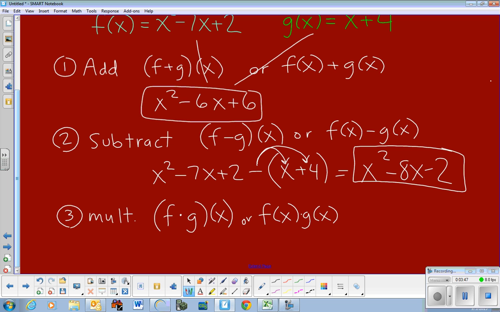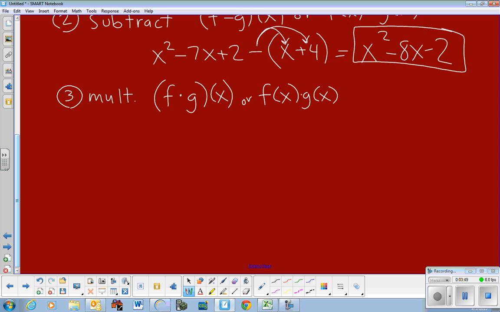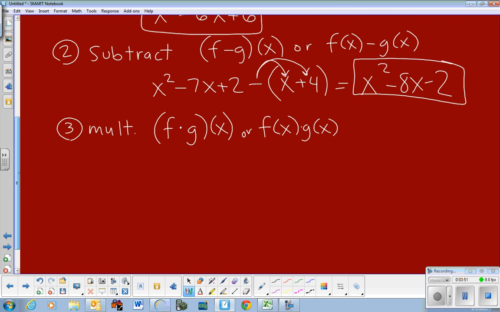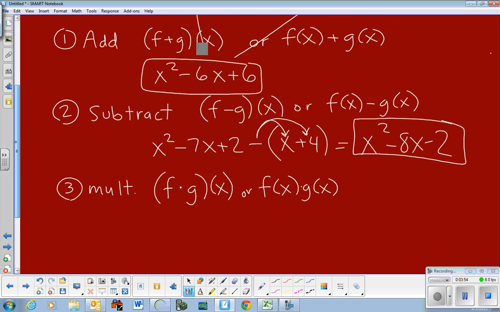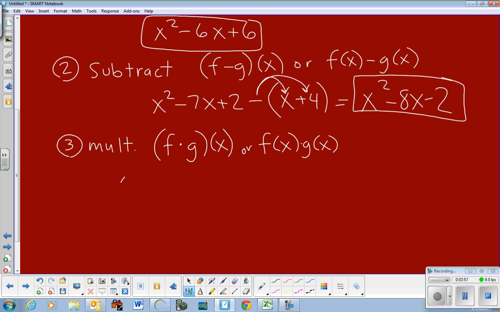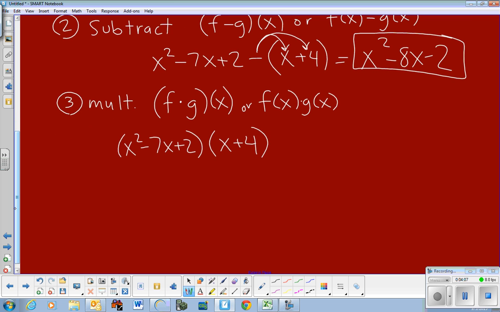You could put a little dot in between for multiply. So let's see, I've forgotten my functions. x squared minus 7x plus 2, and then x plus 4. Okay, so for the sake of time, I'm going to pause for a minute. I would encourage you to multiply that out. Pause your video, multiply. Be back.